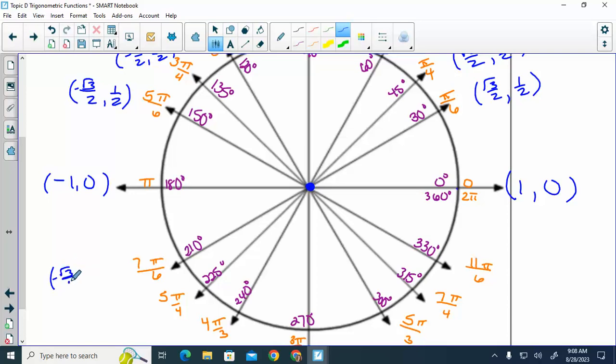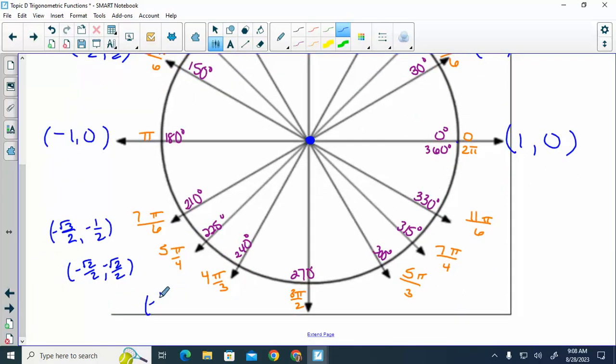So you'll notice everything that has a 6 on the bottom, the ordered pairs are the same, just the only difference is the positives and negatives. So this would be 0, -1. And in the fourth quadrant, x is positive, but y is negative. Cosine is positive, but sine is negative.